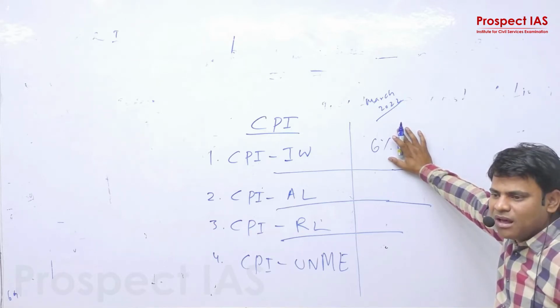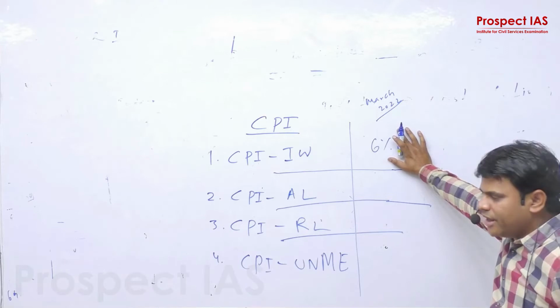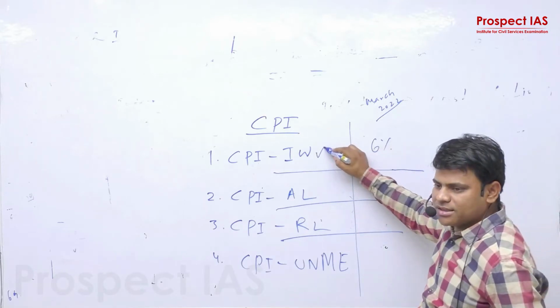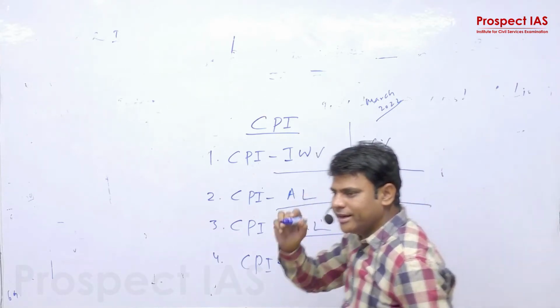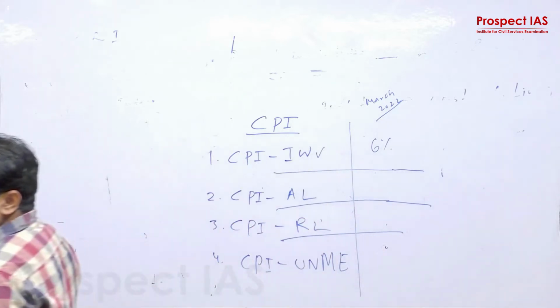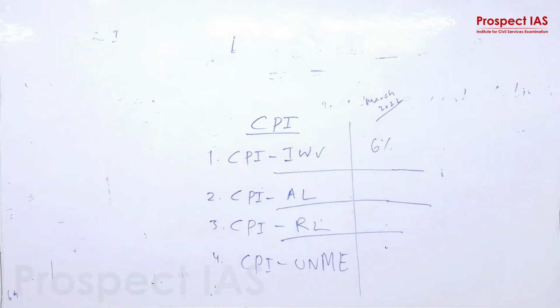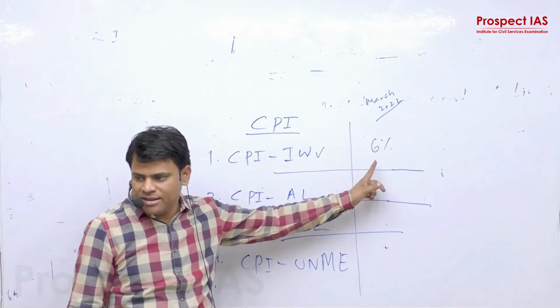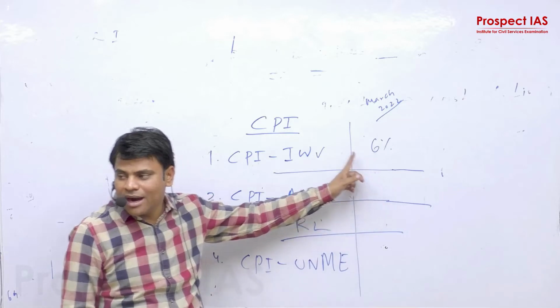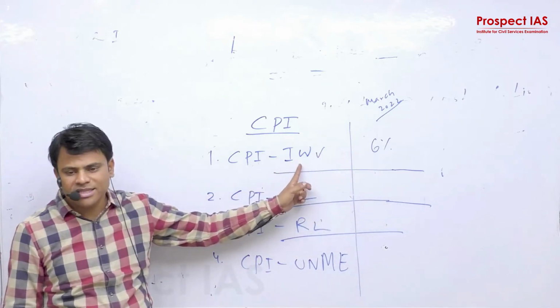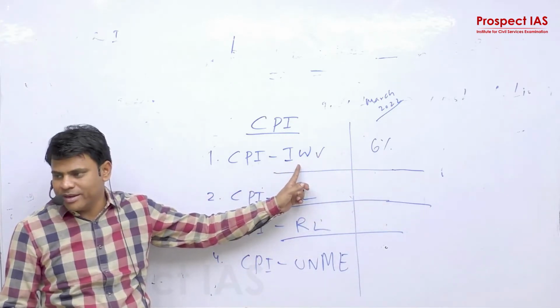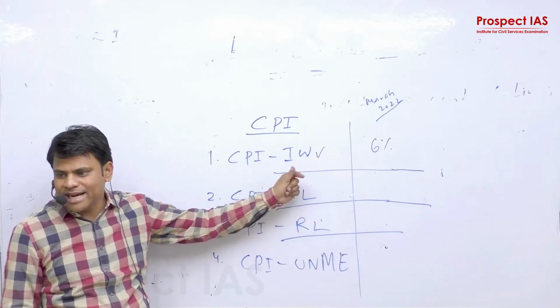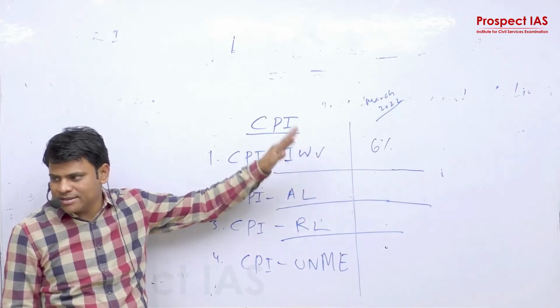That means all the goods and services used by industrial workers in order to fulfill their needs have become expensive by 6% on an average past 1 year. This is their inflation. So all the articles used by industrial workers have become expensive past 1 year by 6%. So we'll say that their cost of living has increased by 6%.